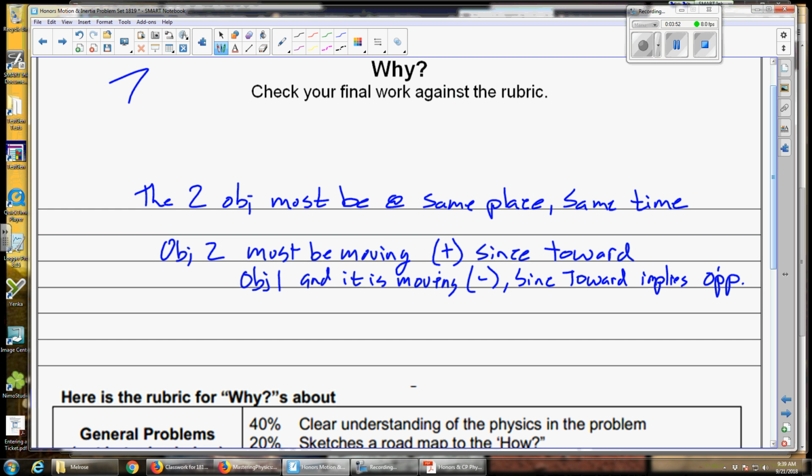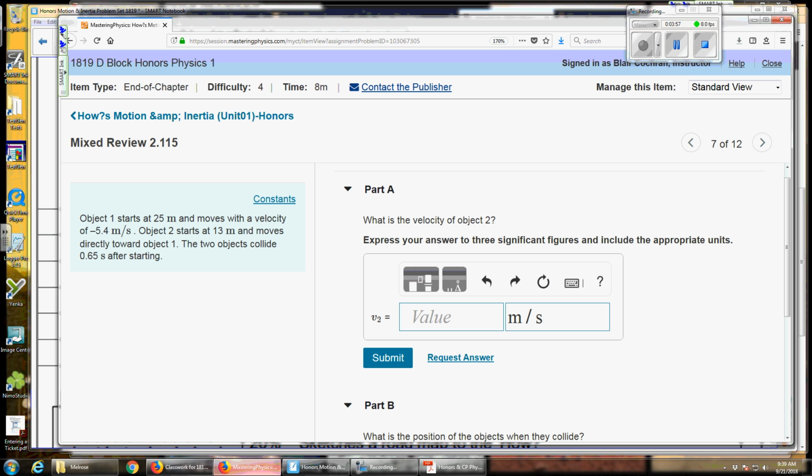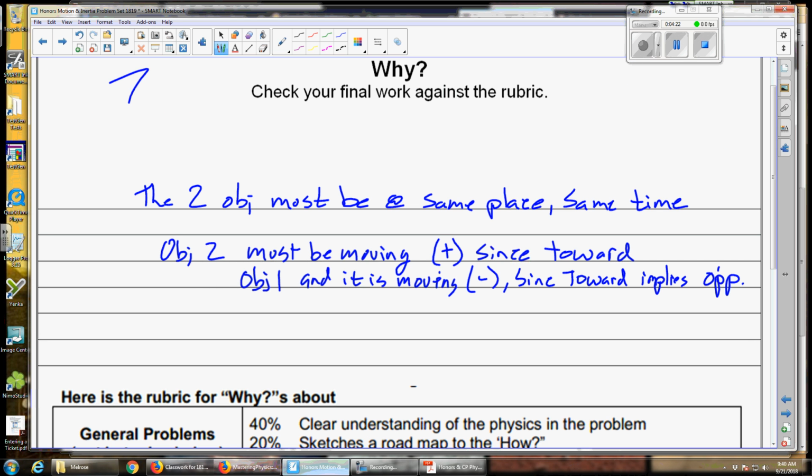What else can I think about with this one? Well, we kind of already said that with them having to be opposite because they're moving towards. But yeah, you're right. If they had matching velocities, then they'd never get closer. That might actually be enough.